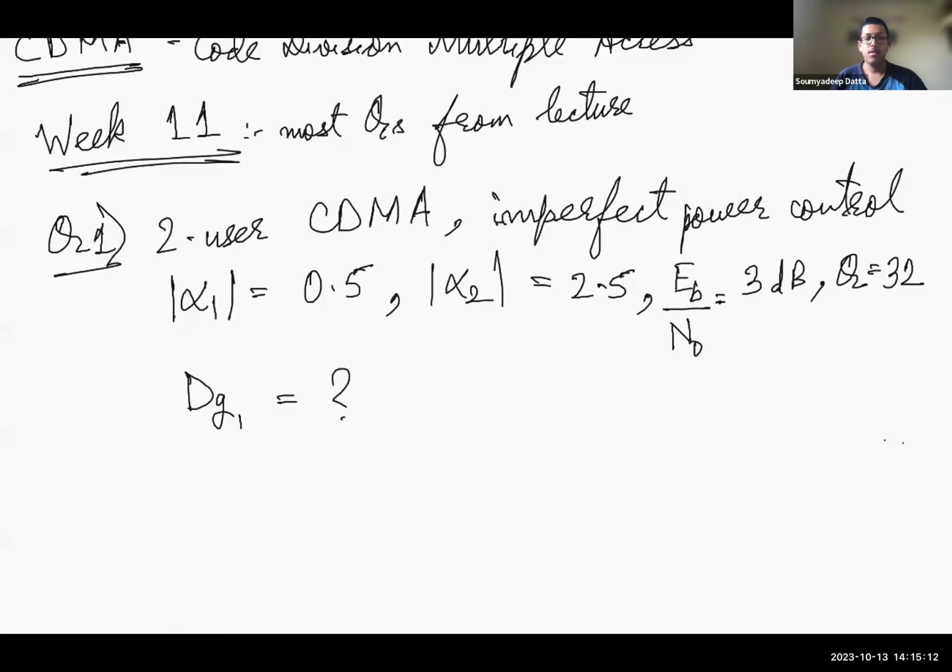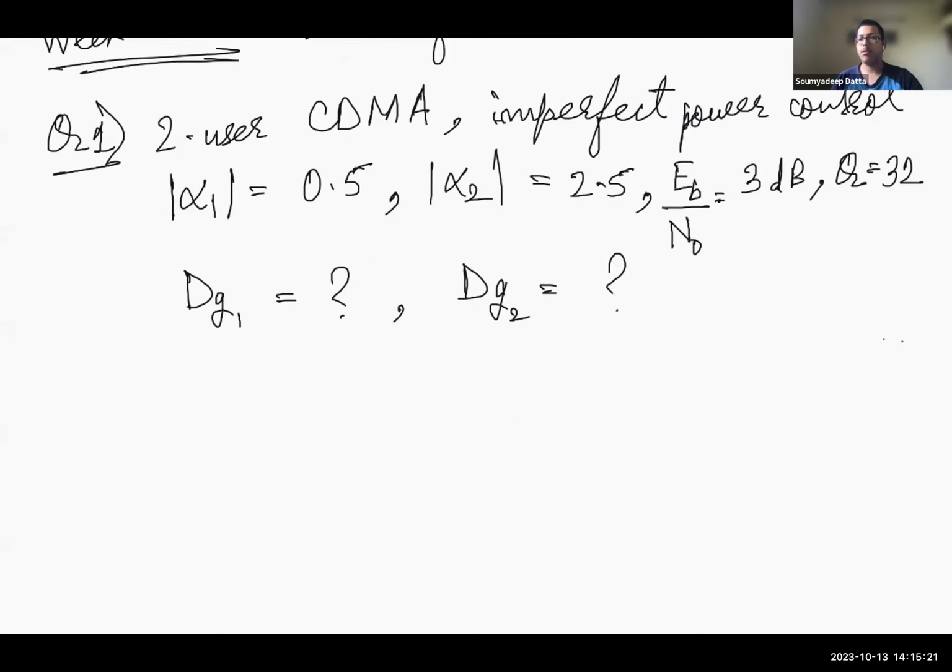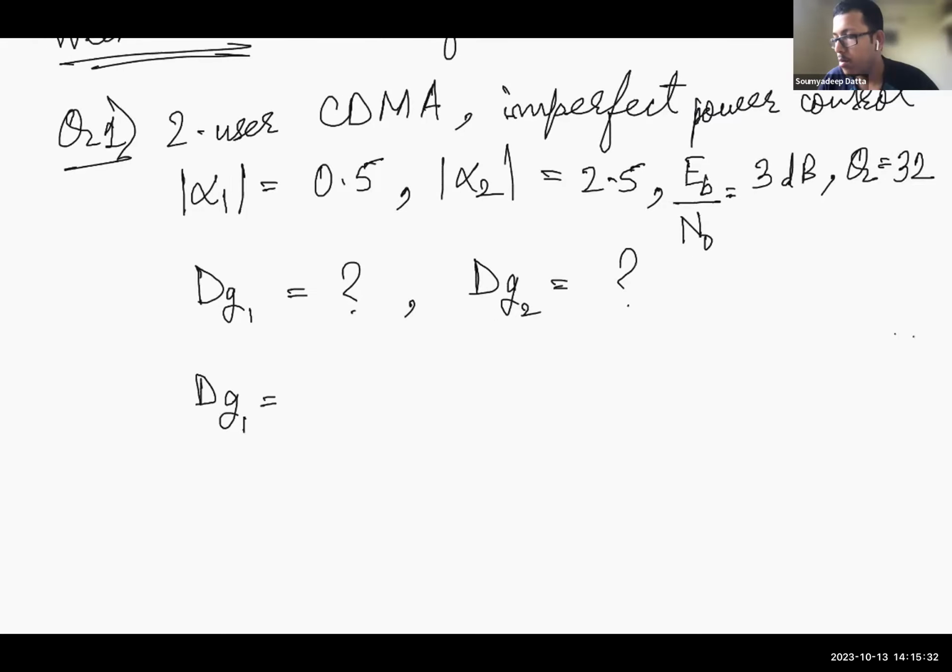So how do we do that? If you remember, the degradation factor is essentially what we multiply to the SNR. We have signal power and the AWGN SNR, and we multiply it with the degradation factor to get the actual SNR.